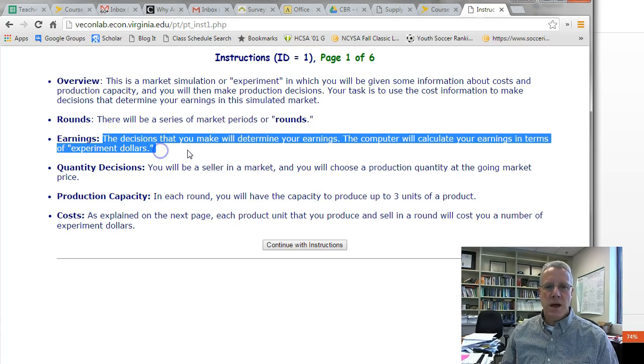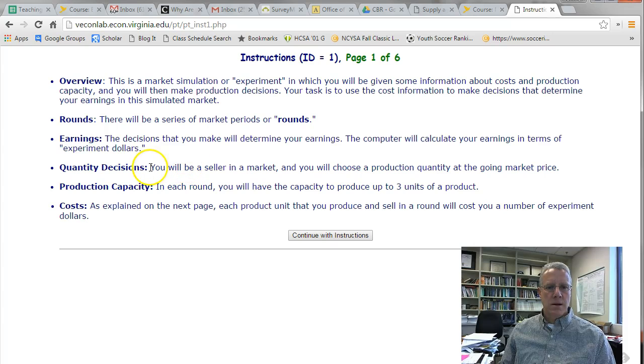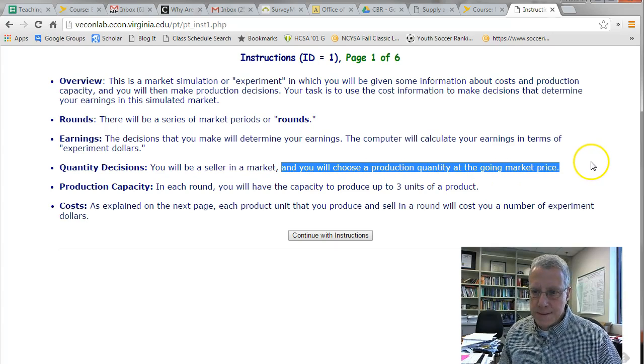The decisions that you make will determine your earnings. The computer will calculate your earnings in terms of experimental dollars. Okay, you will be a seller in the market, and you will choose a production quantity at the going market price.